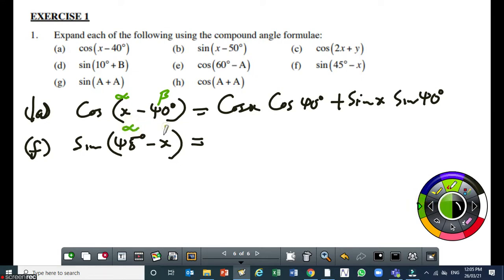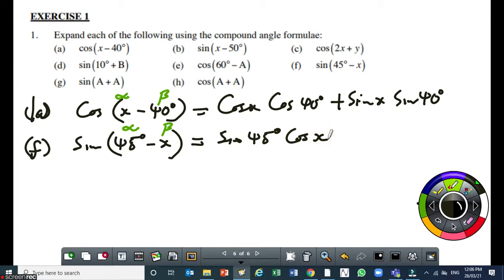The x is like the beta. Okay? So here you get sine 45 degrees cos x. There is a minus here, so we put a minus: minus cos 45 degrees times sine x.